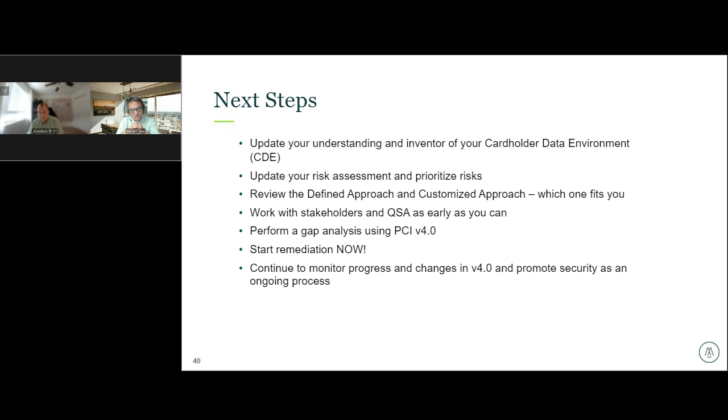So you have to use your judgment. For example, your GL may not affect the integrity of your CDE, so most likely it will not be in scope. But if you have accounts receivable information or credit card information in your GL, then it will be in scope, or whatever connectivity it may have. Hopefully that gives you some clarification.